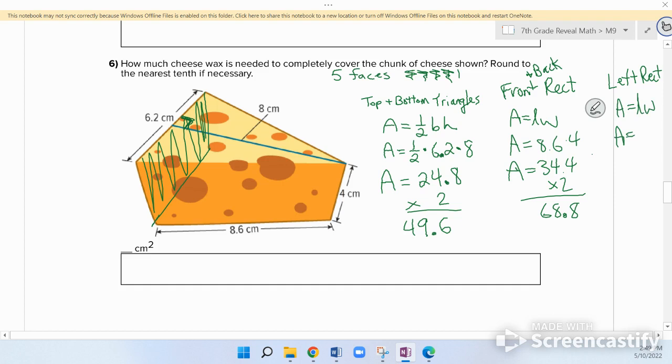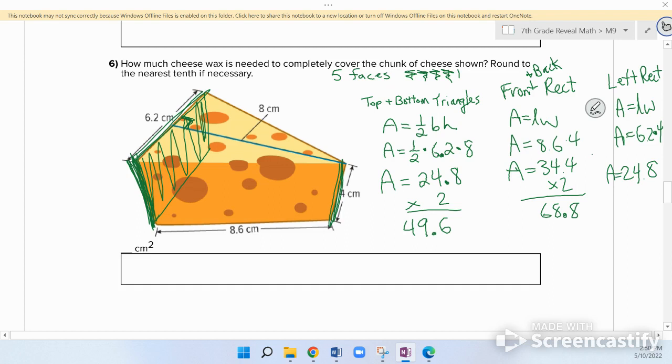Along here is 6.2. They made a right angle right here. I don't have a number there, so I look for other lines that are similar. So that's 4. So we get 6.2 times 4, which gives me 24.8. Now, there's only one of those, so there's not a match.